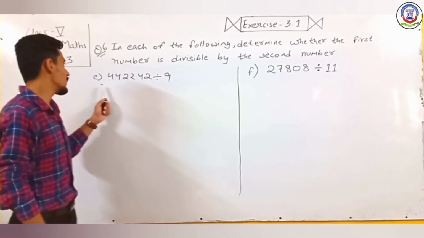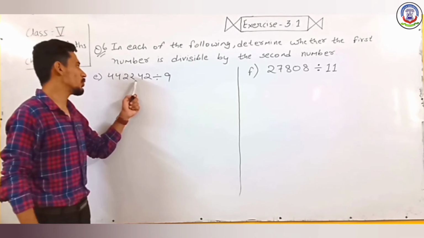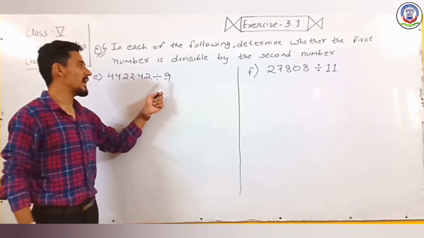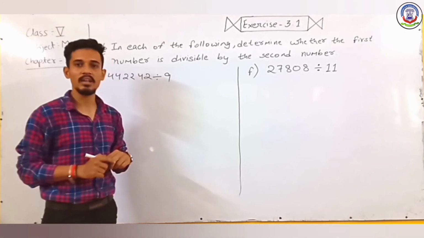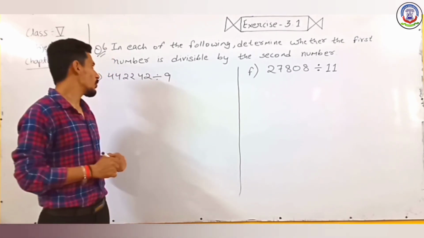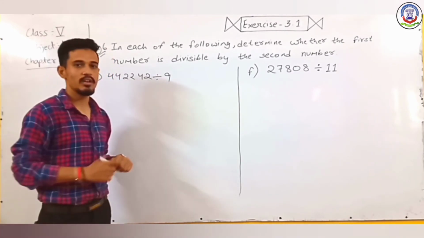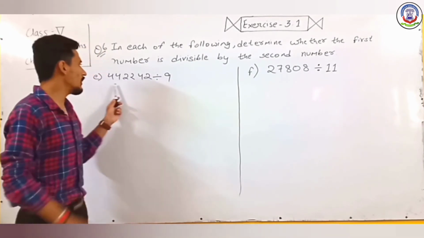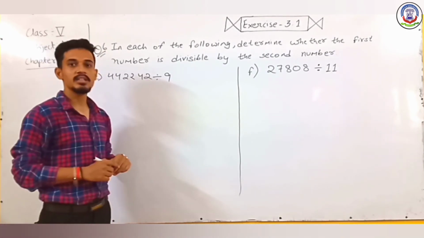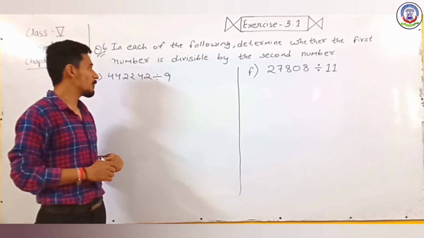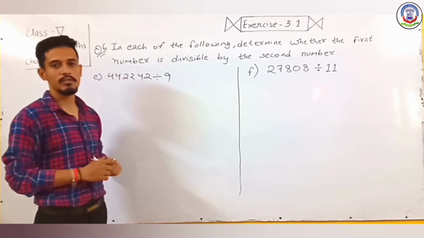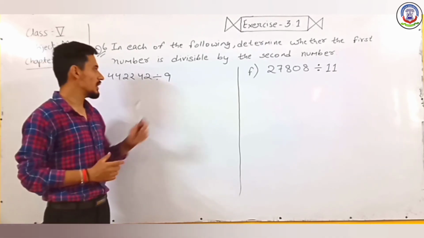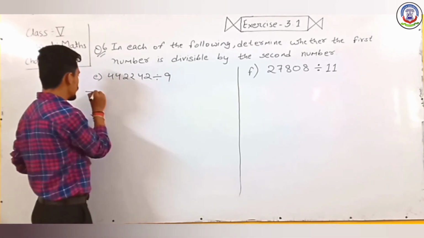Now we have E. 4,42,242 divided by 9. Now we have to remember the divisibility rule of 9. That is, हम लोग को सब digits का addition. We have to add all the digits, and if the sum of the digits is divisible by 9, then the original number is also divisible by 9. So let's start the addition of these digits.